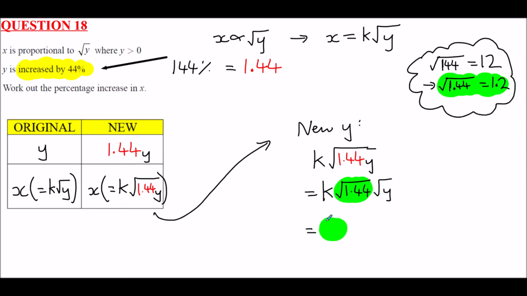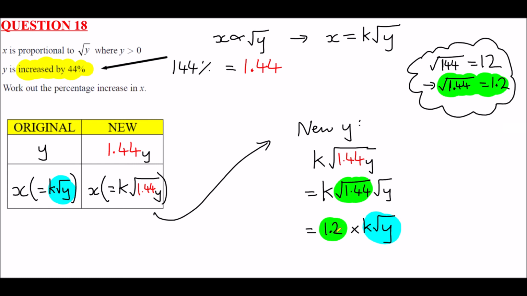So this root 1.44 is the same as 1.2 multiplied by k times root y. And that was the original value of x. So the original x was k times root y, which is what we've got here. So the original value of x has been multiplied by 1.2.